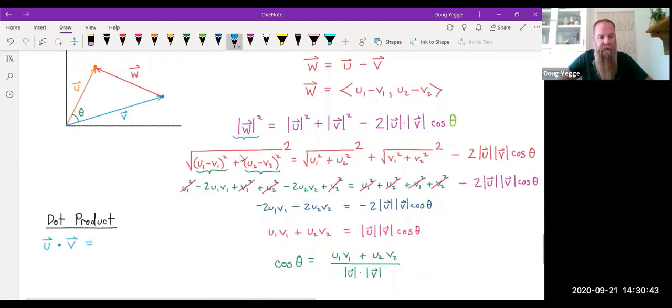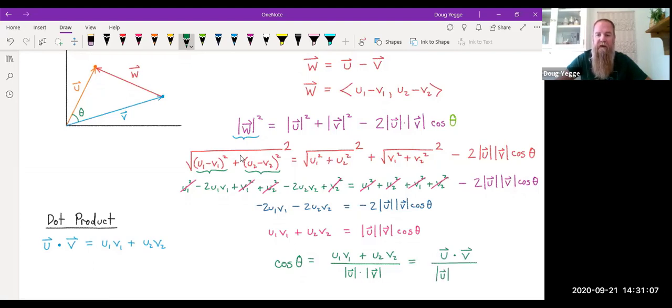So we simply have u dot v is equal to the product of the x coordinates plus the product of the y coordinates. Which means that we can actually rewrite that numerator as u dot v. And we're dividing it by the product of the magnitudes.